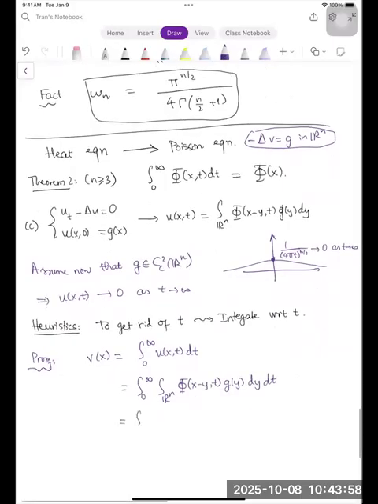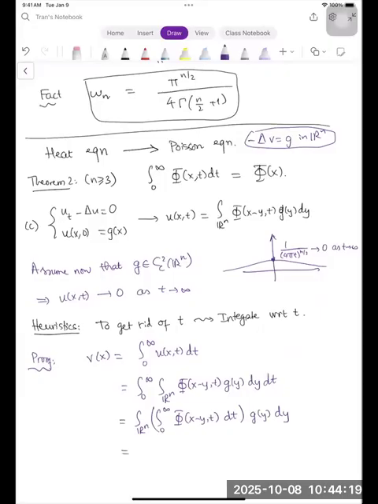This equals the integral in Rn, of the integral from 0 to infinity of phi of x minus y, t dt first, times g of y dy, because y is independent of t.